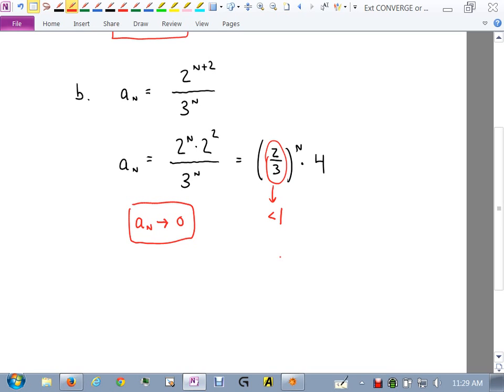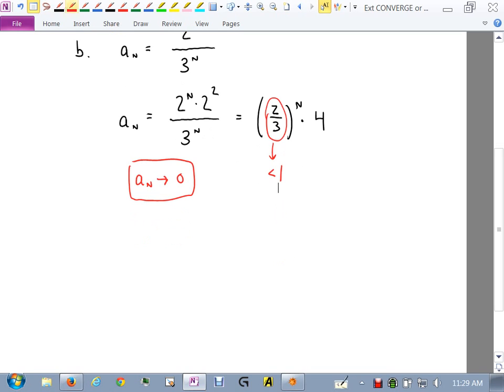Okay. How about a sub n equals the square root of 5n plus 1 over n plus 3.